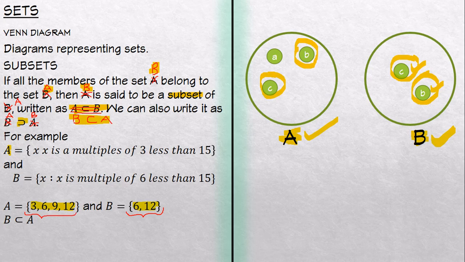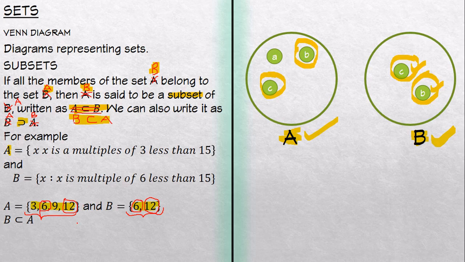We have 6 over here and 6 over here, and then 12 over here and 12 over here as well.